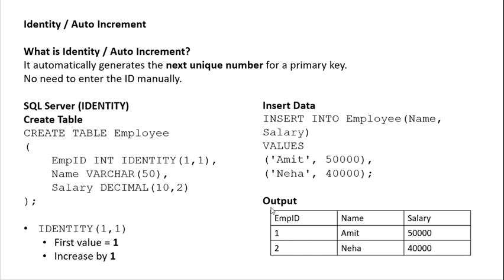The output shows employee ID using the identity: the first employee ID is automatically given as 1, since identity starts with 1, and Amit's data is shown. Then identity increases by 1, and 2 is shown in the second record, and Neha's record is shown.